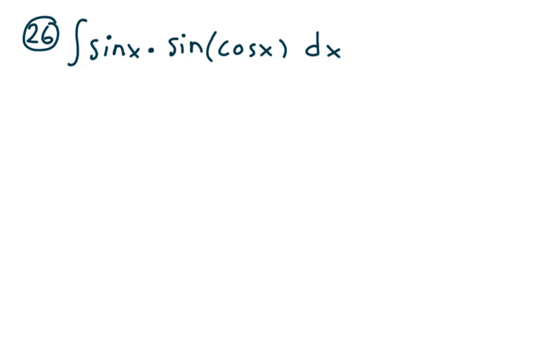You want to look for an inside function as a candidate for your u, and the inside function in this problem will be this cosine of x. And so I'm going to let u equal cosine of x.